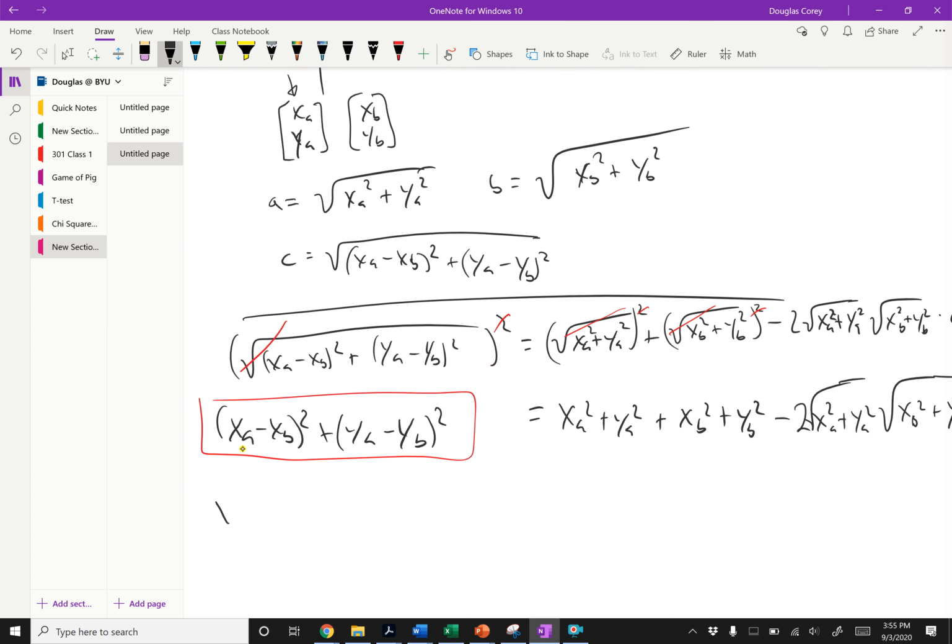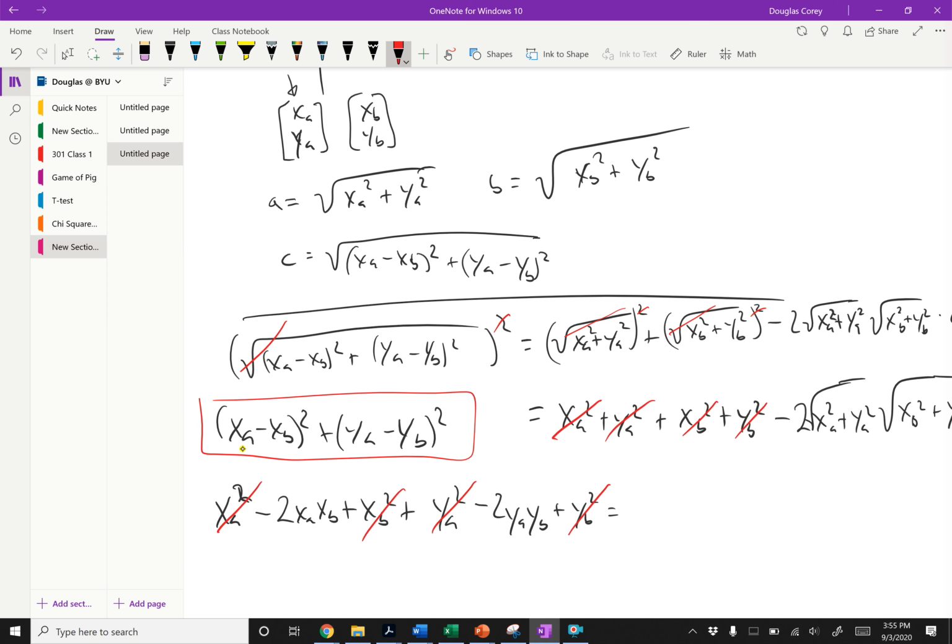So this is x a squared minus 2 x a x b plus x b squared plus y a squared minus 2 y a y b plus y b squared equals, and I'm going to save us some time, notice this x a squared cancels out with the x a squared there, the y a squared here cancels out with that one, the y b squared cancels out with that one, and x b squared too.